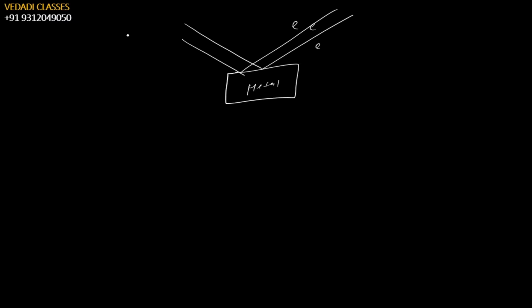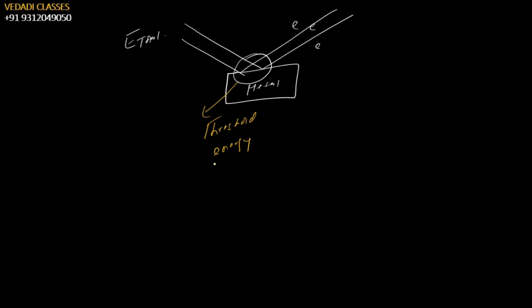Whatever light is used must have energy, so we use the total energy. Some amount of energy is required to eject the electron from the metal surface, and this energy is known as threshold energy. Sometimes we also call it the work function.